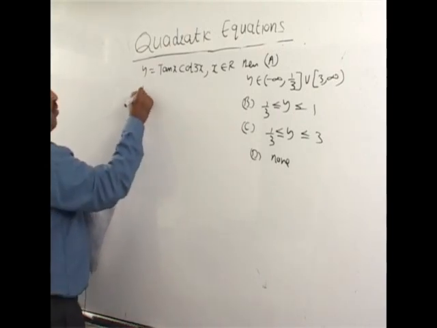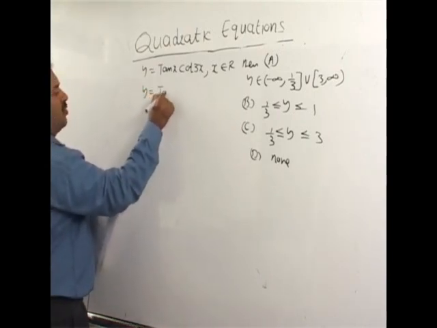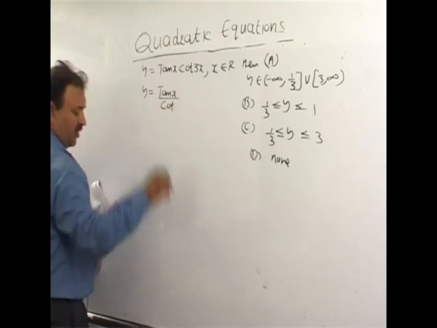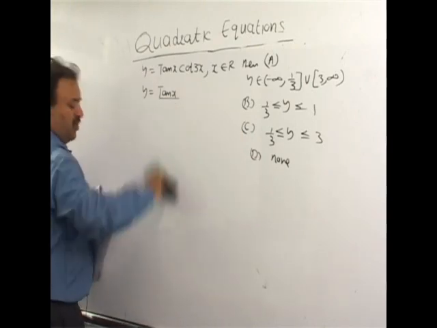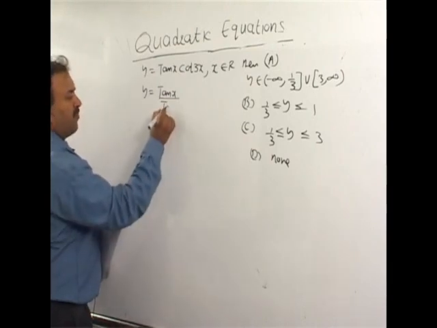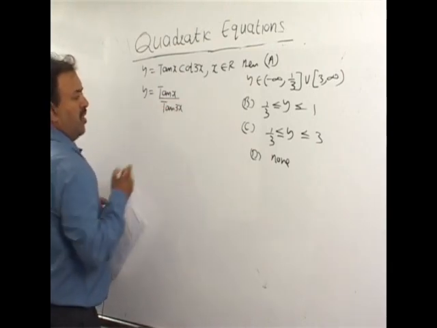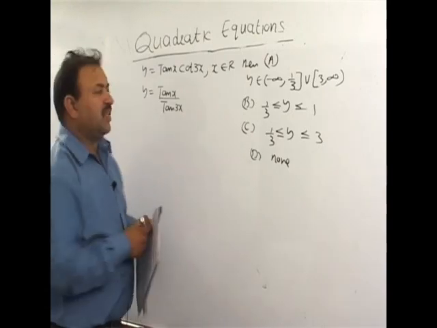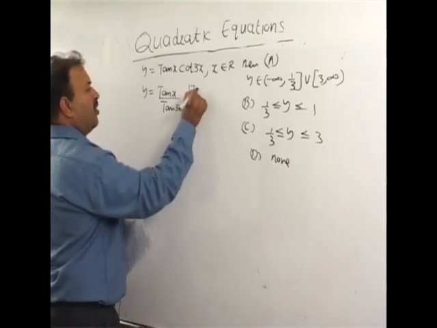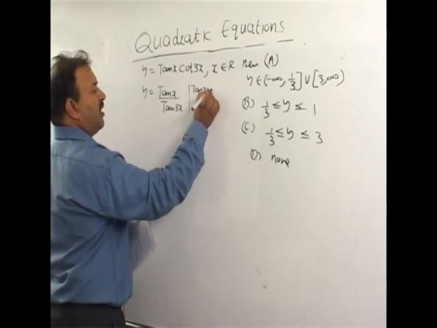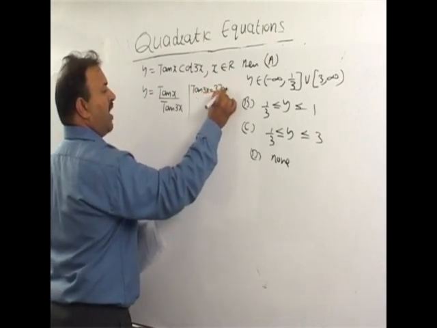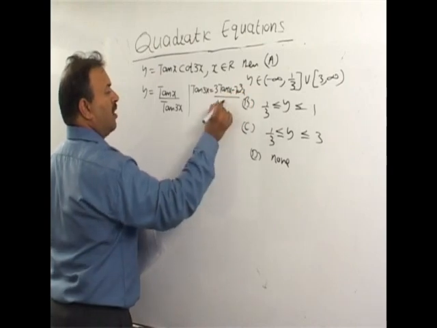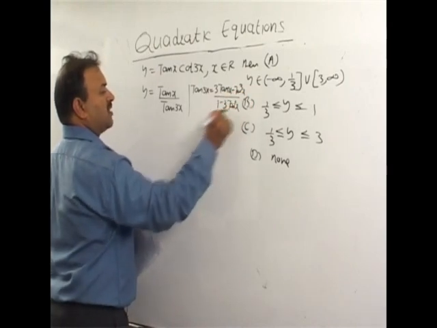Similarly, write down y is equal to tan x upon cot 3x, sorry, it becomes tan 3x. Now, we know the formula of tan 3x is equal to 3 tan x minus tan cube x upon 1 minus 3 tan square x.